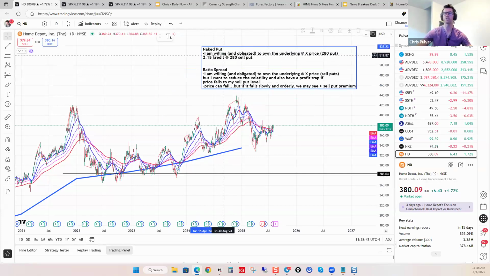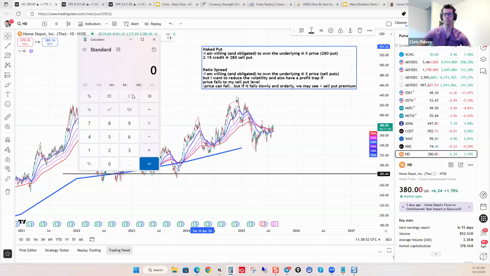Here's how the math works in this trade. If I just sell a put on Home Depot, I get $2.15. That's cool. So I can take the 280 put minus $2.15. So if I get assigned at Home Depot, I own the shares at $277.85. Great. But if I do a ratio spread, I take 290 minus 280 is $10.